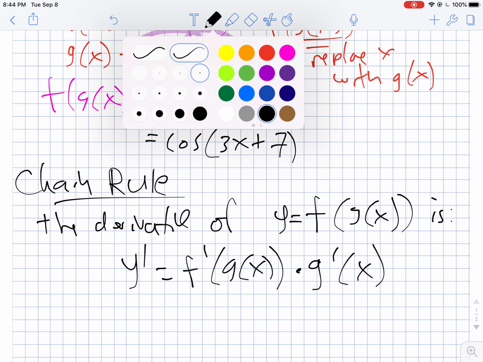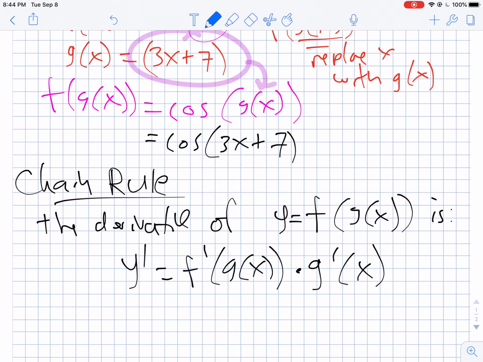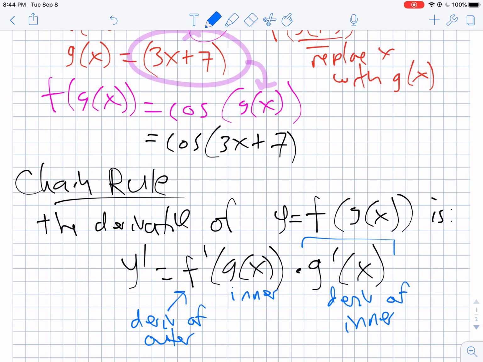This f prime of g of x is you taking the derivative of the outer function, and then you leave the inner alone, and then you multiply by the derivative of the inner function. That just gets multiplied on the end. So you leave the inner function alone when you take the derivative of the outer, and then you multiply by the derivative of the inner.